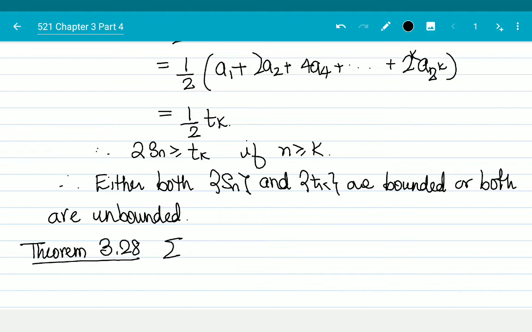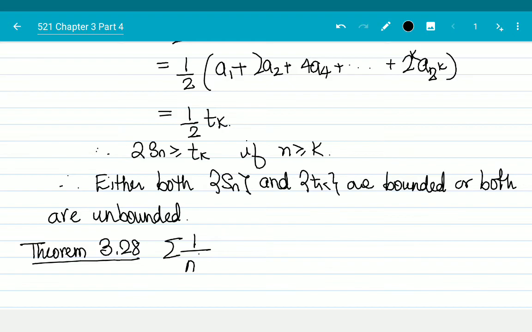I'm going to show something slightly stronger than just that the harmonic series diverges. We're actually going to say the harmonic series is a special case of this series and it diverges in this way.